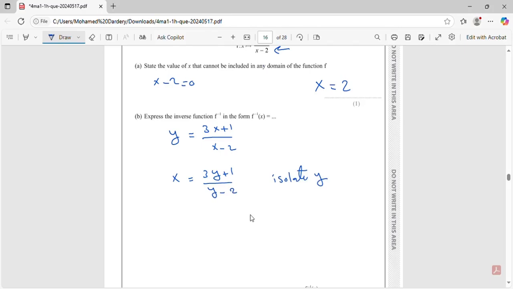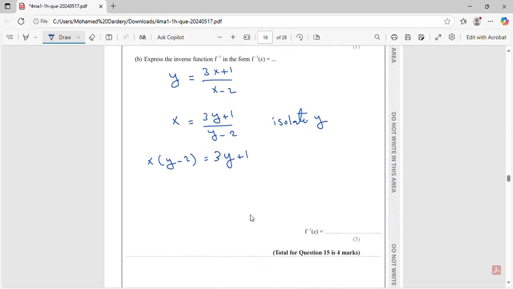In this situation, I will apply cross multiplication. It will be x multiplied by y minus 2, which equals 3y plus 1. After that, I have to expand this one. It will be xy minus 2x equals 3y plus 1. I move terms between both sides to combine y on one side.